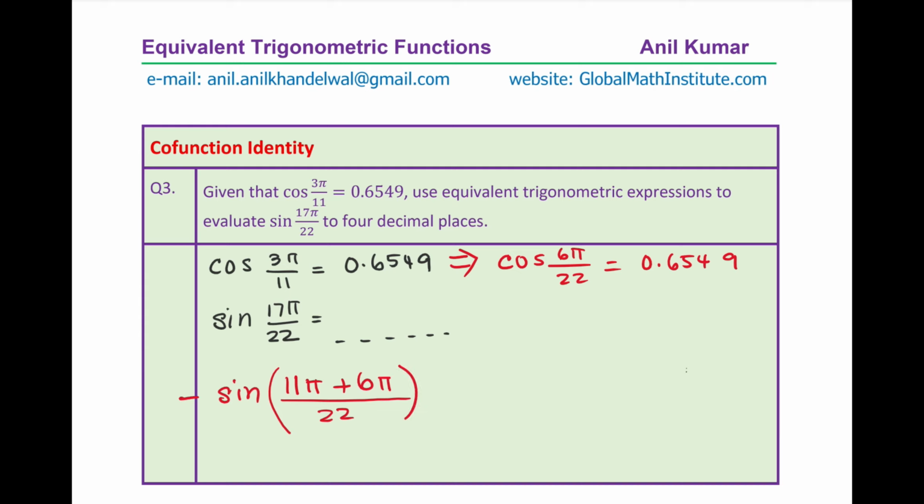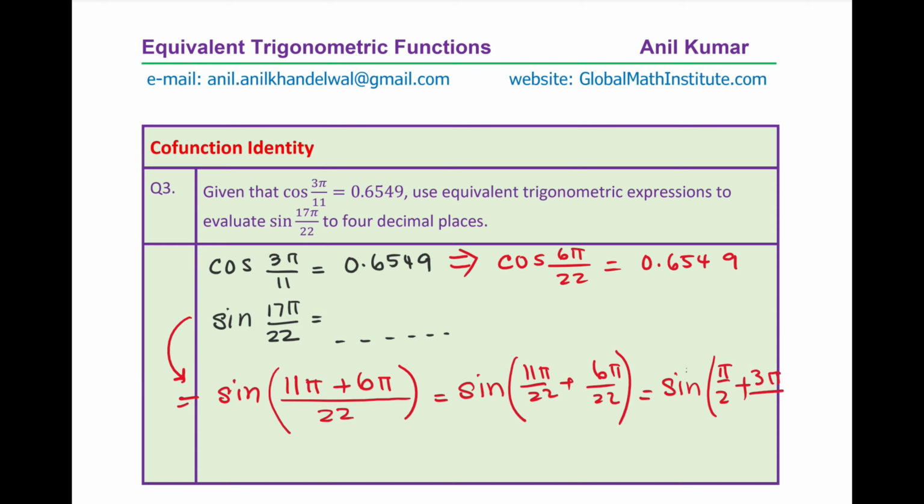So this is equivalent to sine of 11 pi by 22 plus 6 pi by 22. And that is the same as sine of pi by 2 plus 6 pi by 22. I could also write this as 3 pi by 11, right?